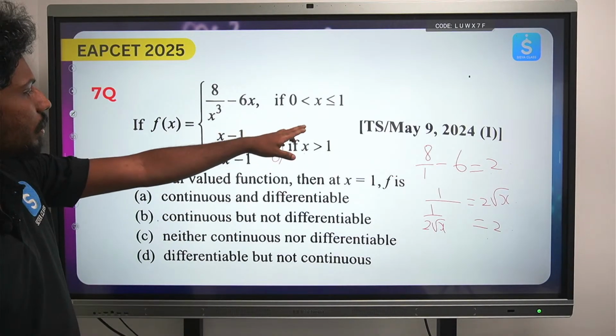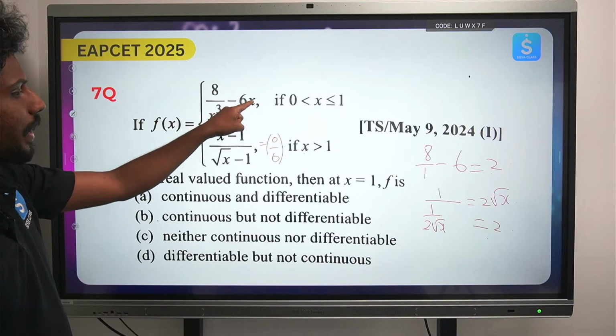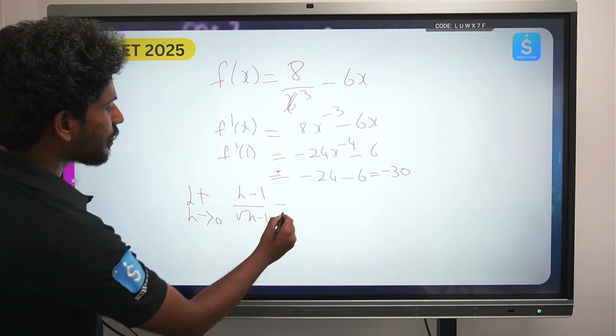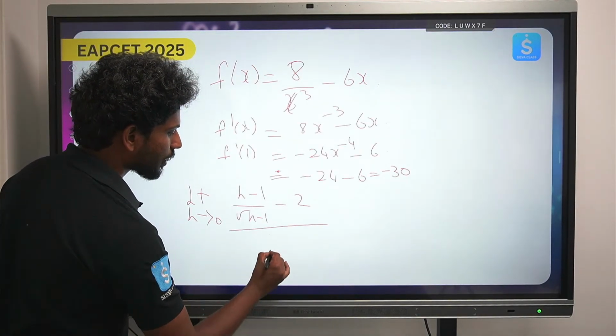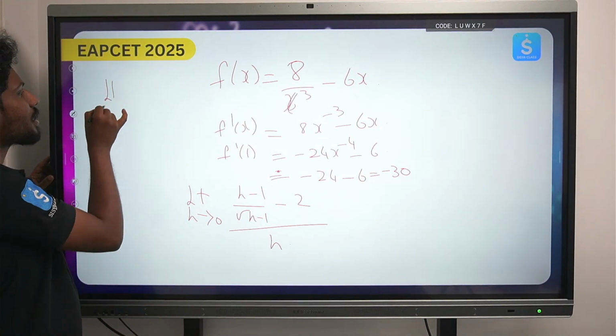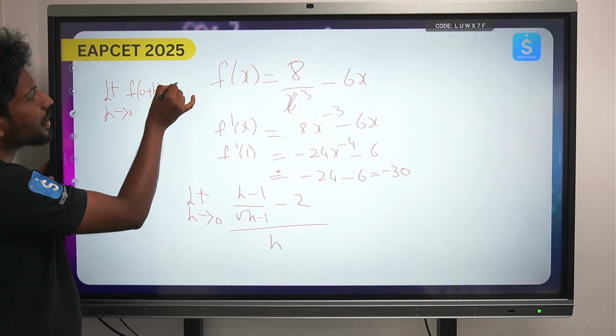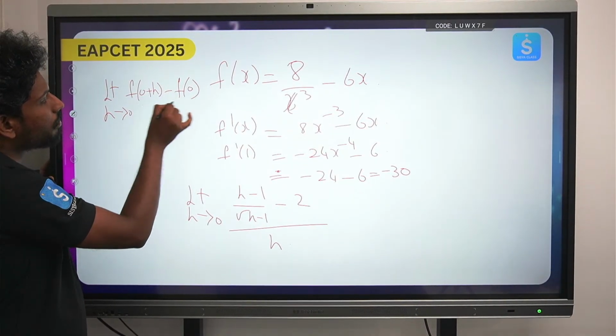What is the f of 1 value? We have 8 minus 6, that is 2. So this value is 2 by h. Limit h tends to 0, f of 0 plus h minus f of 0 by h.